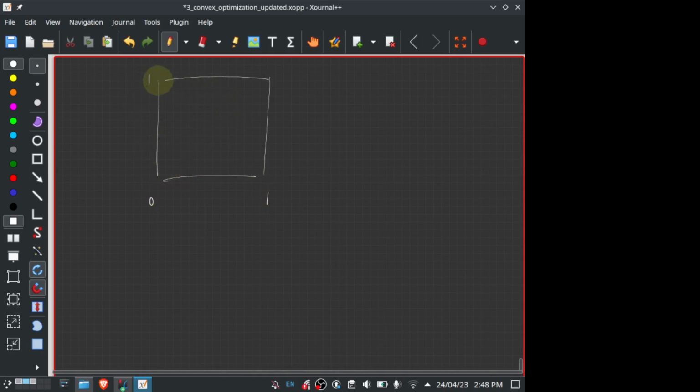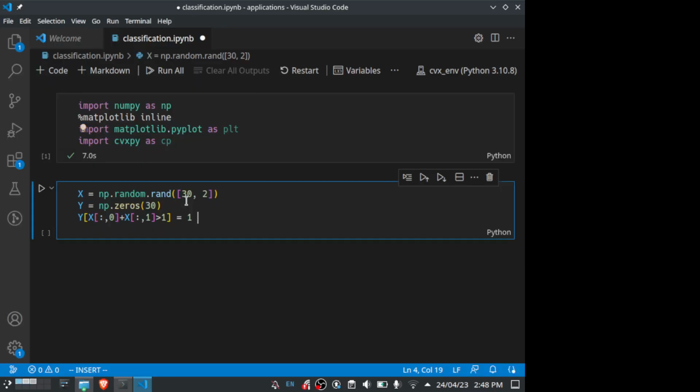I've drawn 30 points. This is the true partition. So every point on the left hand side is going to be labeled 0, and every point on the right hand side is going to be labeled 1. So if x of 0 plus x of 1 is greater than 1, then this is labeled 1.